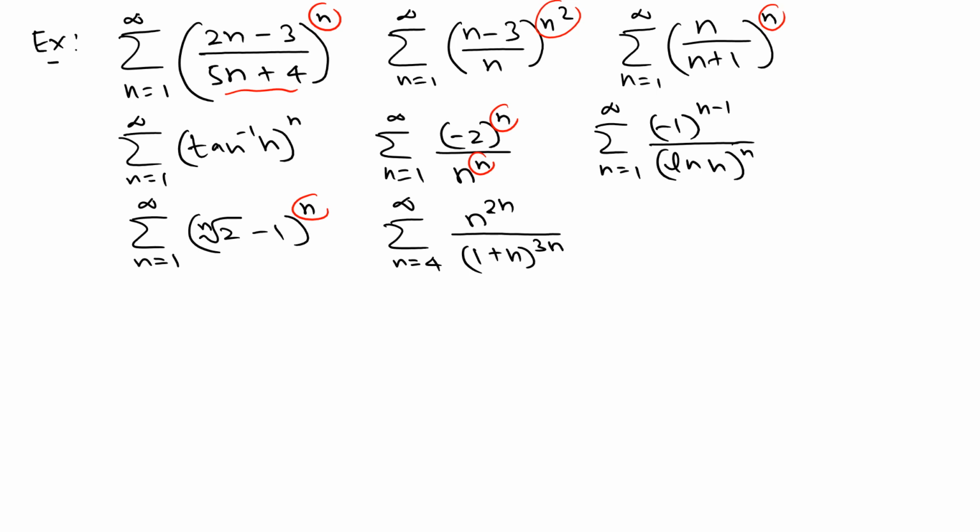Good. And then as the last problem of this type, 1 to infinity of (n over n squared plus 1) to the nth power. This n tells you that this is a candidate for the root test. Good. So these are some of the problems, and you can see the familiarity. Okay. Good.